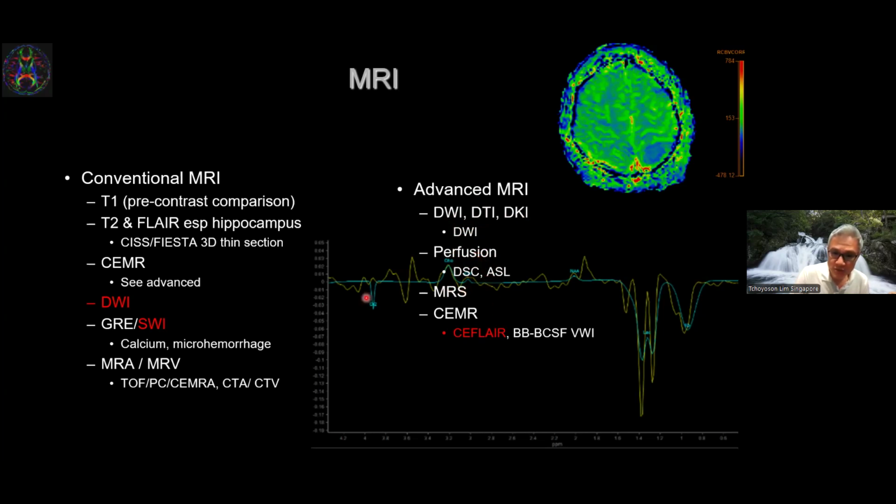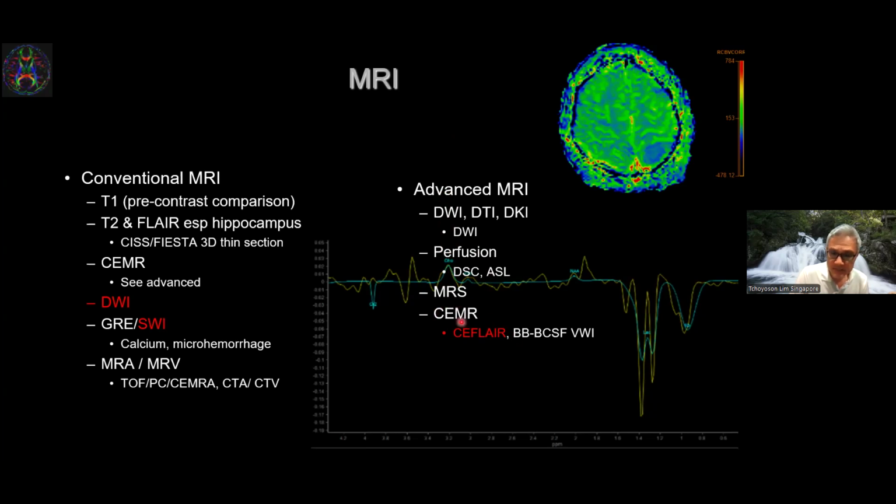Likewise, with MR spectroscopy, as shown in this spectrum without an abnormally high choline level, this is unlikely to be a neoplastic process, but there are lactate and some lipid breakdown products from necrosis, probably of infectious cause.